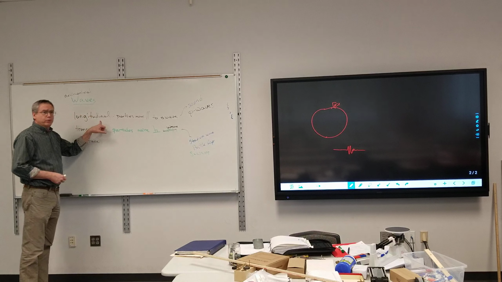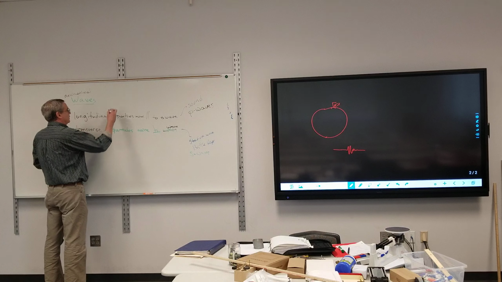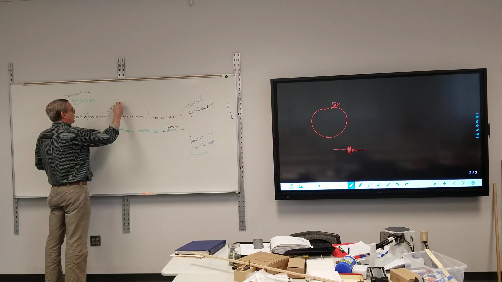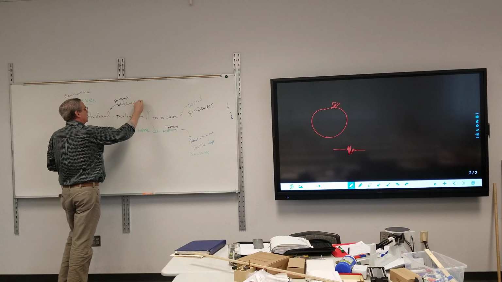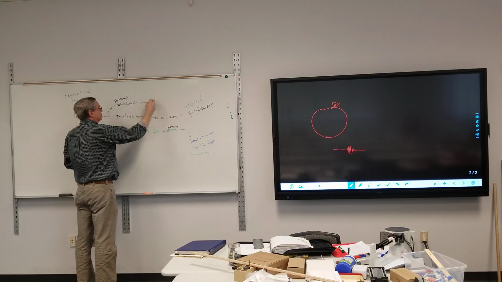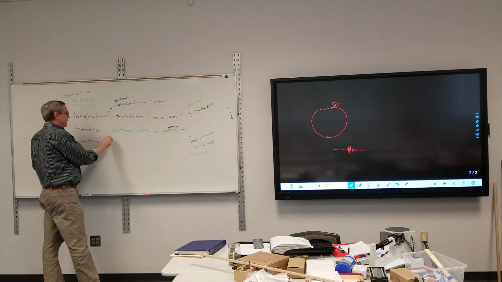Longitudinal waves can move through solids or fluids. And when I say fluid, that's gas or liquid. So it goes through solid, liquid, gas, plasma, etc. Transverse waves really need a solid.